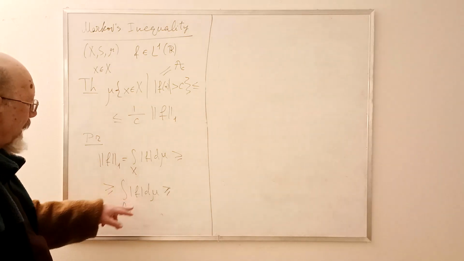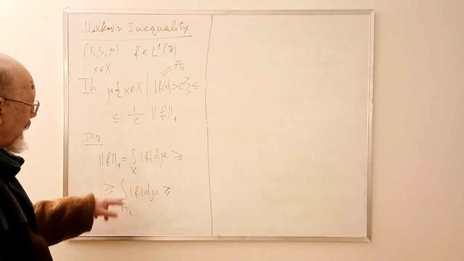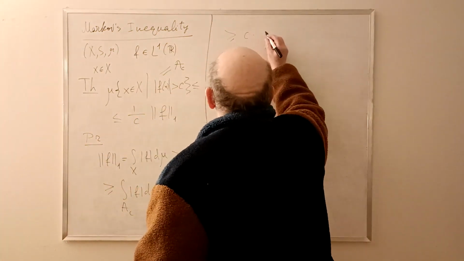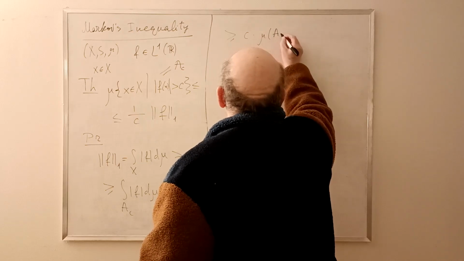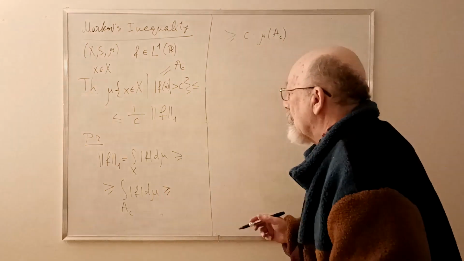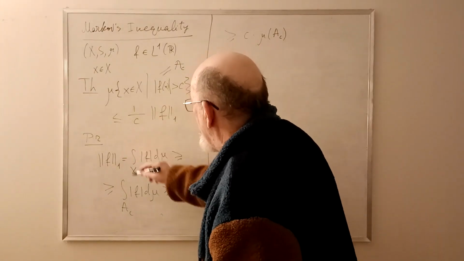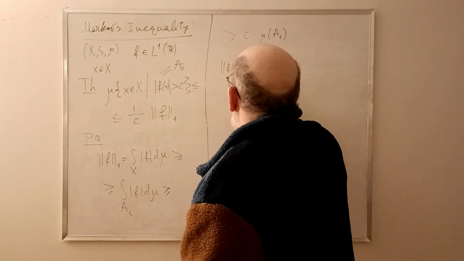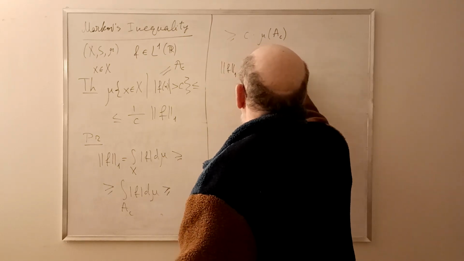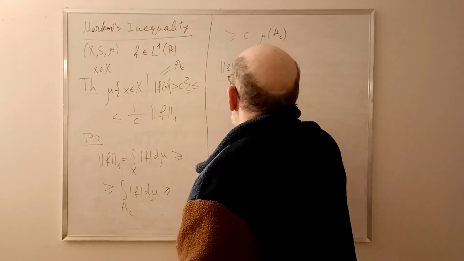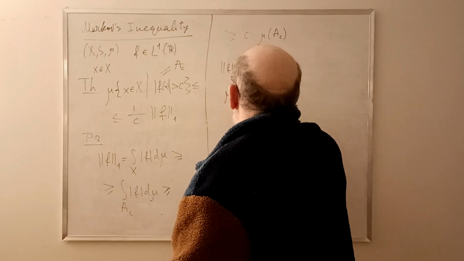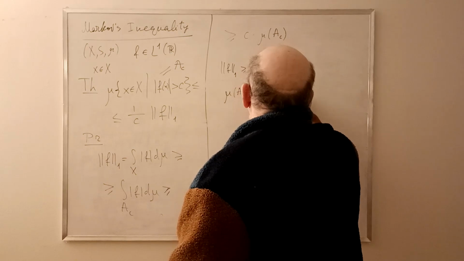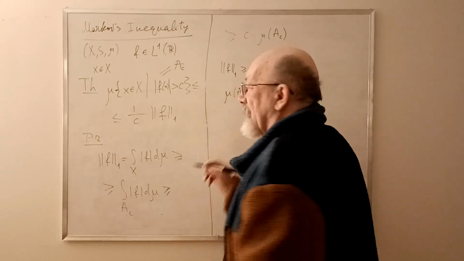If the function is more than c, the integral is more than c times the measure of A_c. So the norm of f in L1 is more or equal to c times the measure of A_c. So the measure of A_c is less or equal than 1 over c times the norm of f in L1.